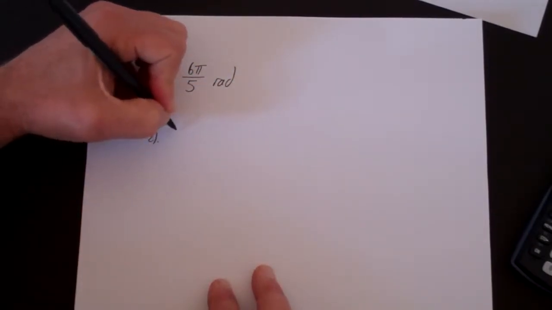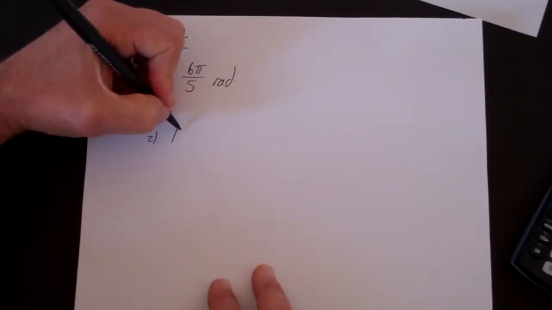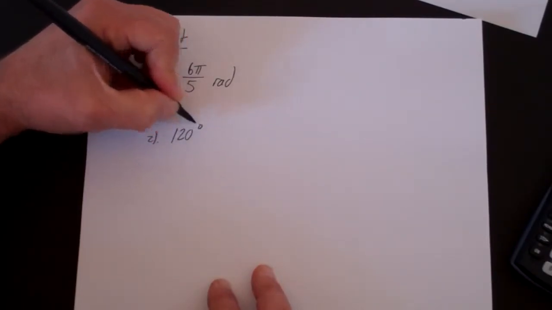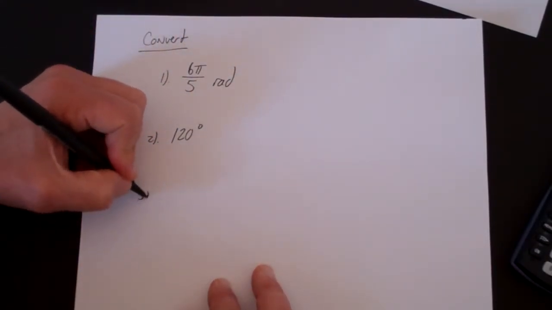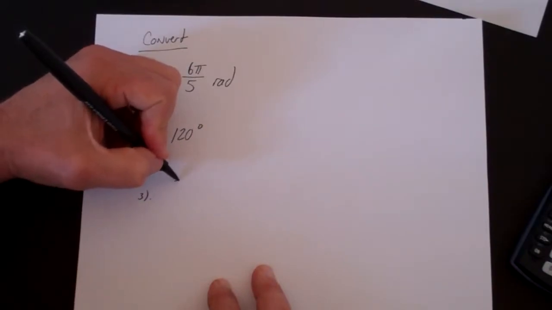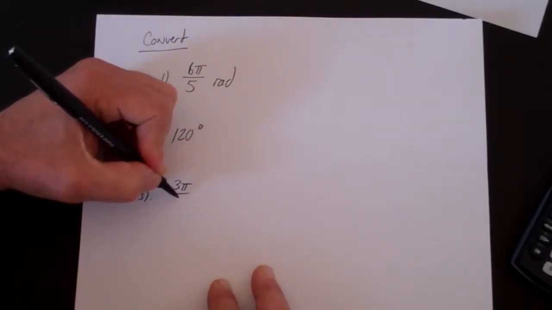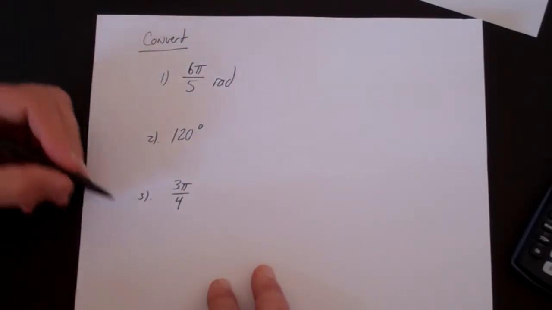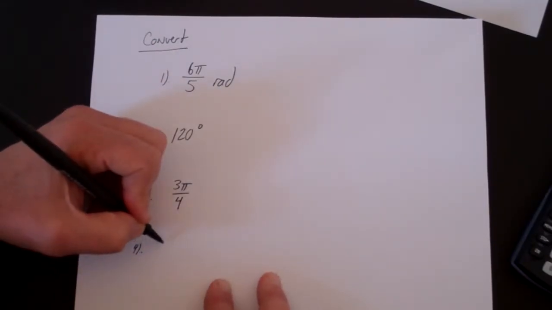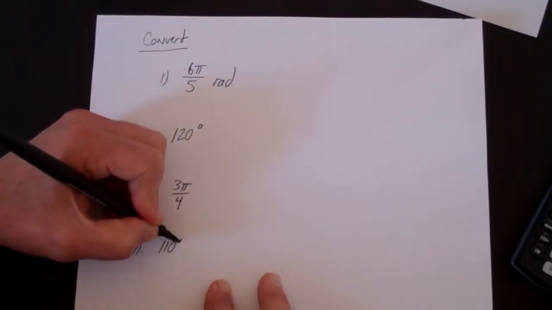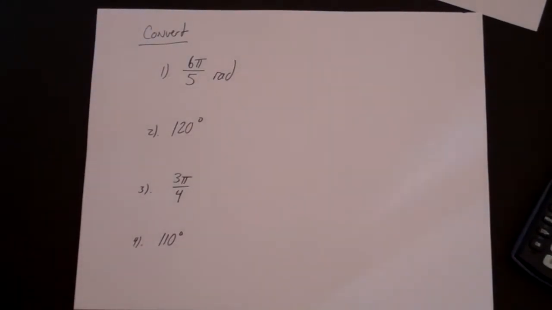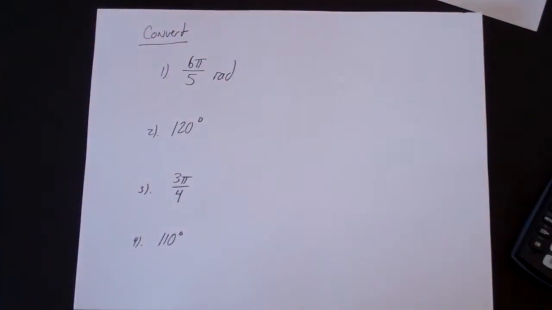The second one is 120 degrees. The third one is 3 pi over 4. And the fourth one is 110 degrees. So do those 4 and then check your answers on the next video.